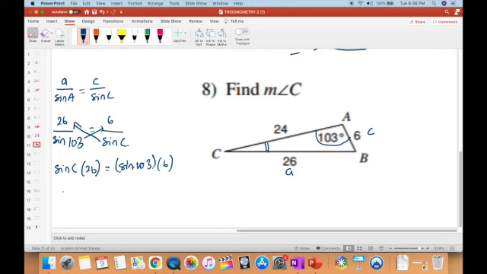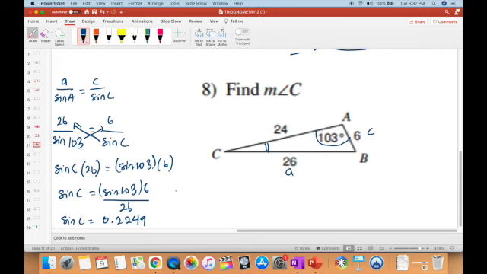I'll just carry over the 26. So the sine of C is equal to the sine of 103 times 6 divided by 26. So what does this work out to be? I got the sine of C is 0.2249, right, around that.